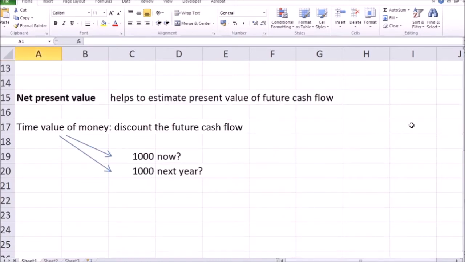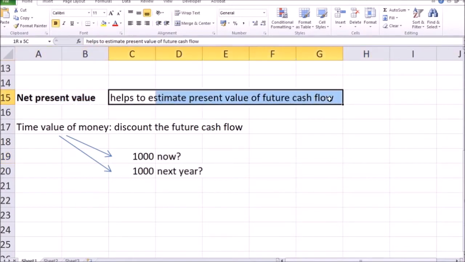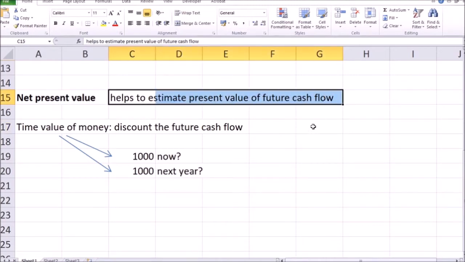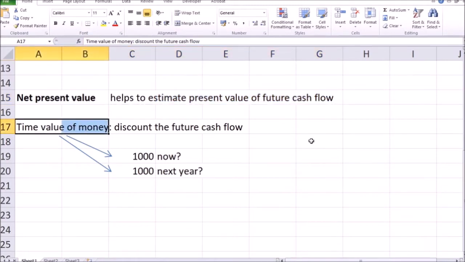First, let's back up a little bit and talk about net present value, which is a calculation that helps to estimate today's value, present value, hence the name, of some future expected cash inflows. When we talk about future versus the present, we need to take into account the time value of money.